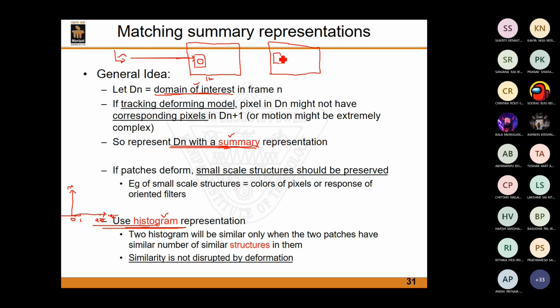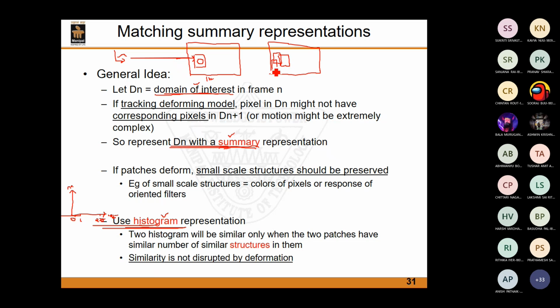One patch may be here, another patch may be here, or another here, and so on. So along the neighborhood of this particular patch, in the next frame, we will look for similar patches of the same size.